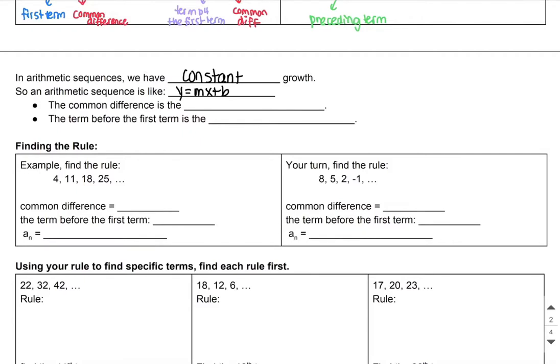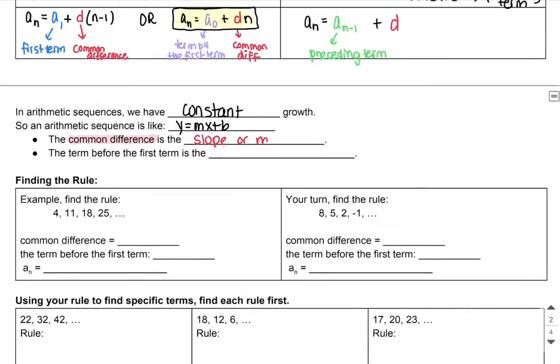The common difference is the slope, or m, and the term before the first term is the y-intercept, or b.